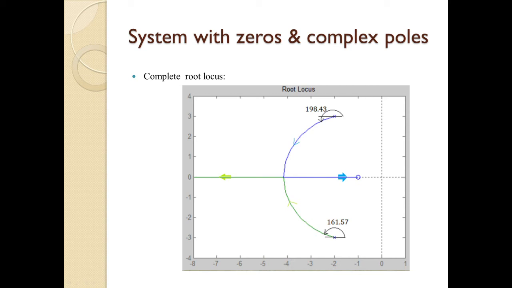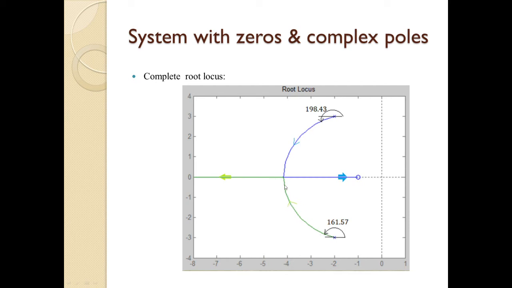And from this breakaway point, which is almost minus 4 point something and is marked as minus 4, one locus goes to the zero, because the system has 2 poles and 1 zero. So this is one locus, and another locus will terminate at infinity along the 180 degree asymptotic line.